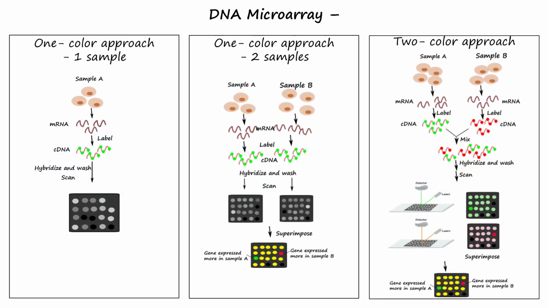Microarray procedures may be performed using either a one-color or a two-color approach. In a one-color microarray, RNA from a single sample is converted into fluorescently labeled cDNA and hybridized to an array. The fluorescence intensity at each spot indicates the expression level of the corresponding gene.